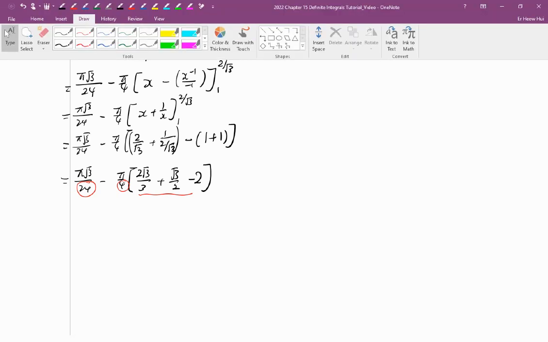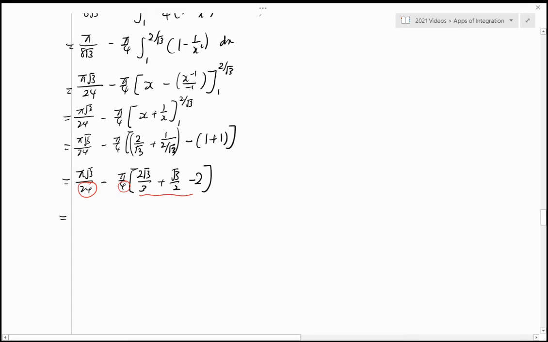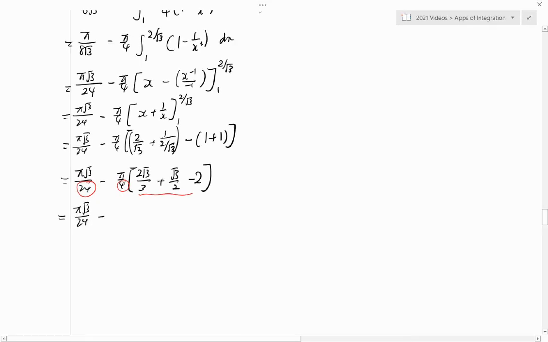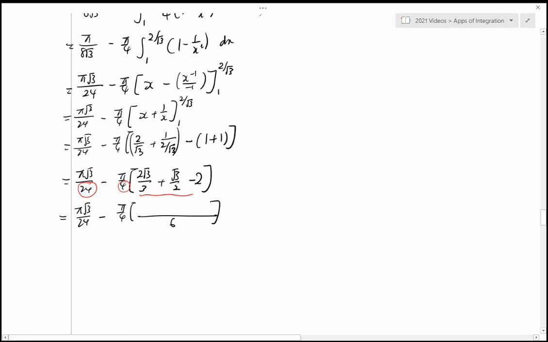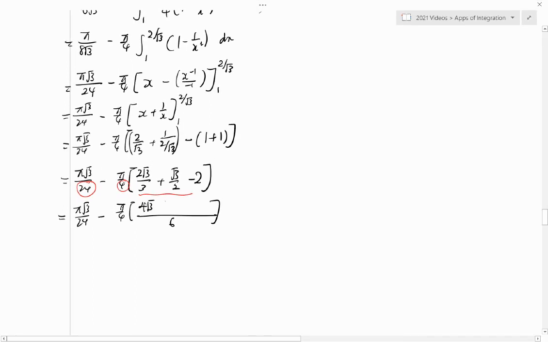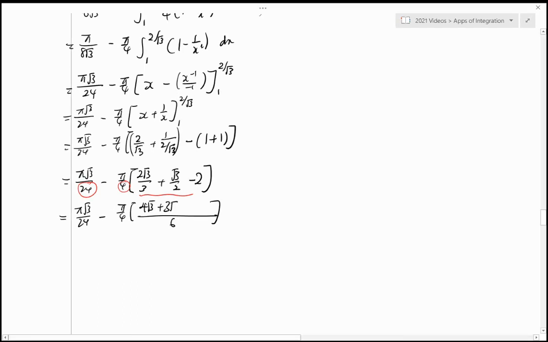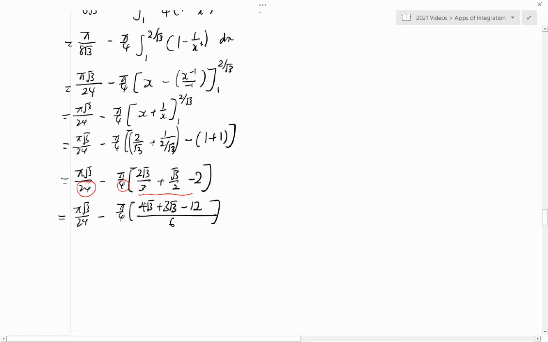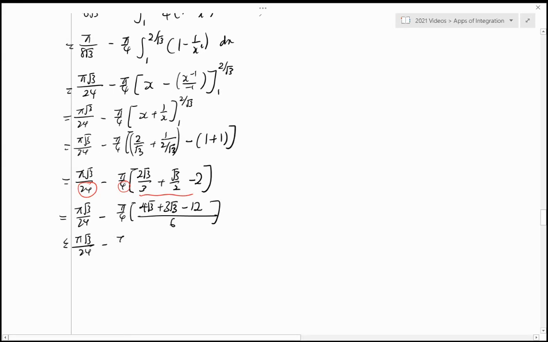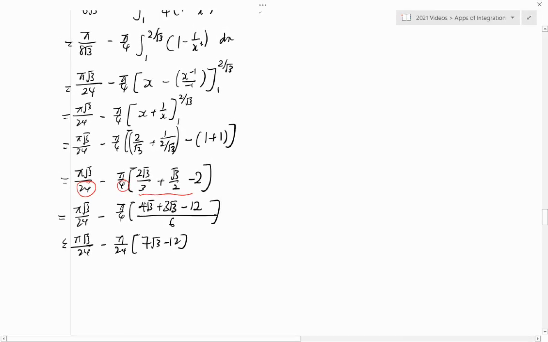So let's try to make that happen. So this is pi root 3 over 24 minus pi by 4. With a common denominator of 6, the first term will become 4 square root 3 plus 3 root 3 minus 12. So then I'm going to factorize 1 over 6 to become pi over 24. This will be 7 root 3 minus 12.